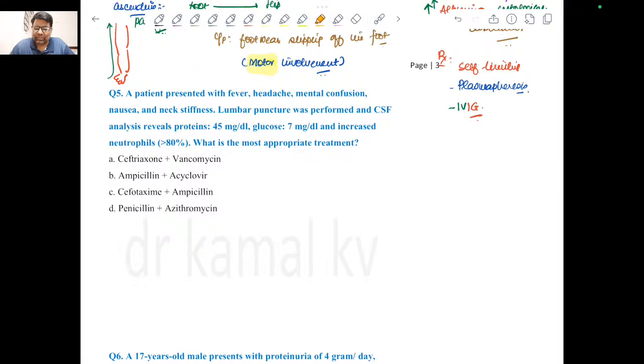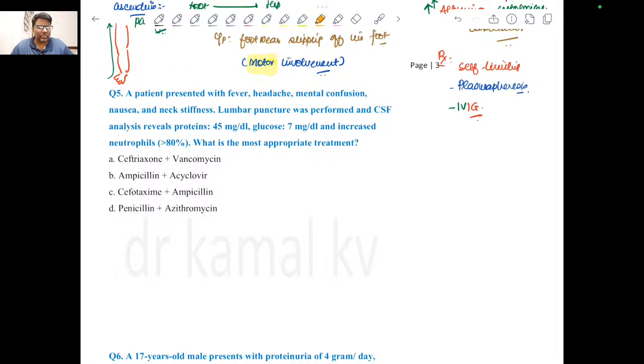A patient presented with fever, headache, mental confusion, nausea and neck stiffness. Lumbar puncture was performed and CSF analysis shows protein 45, glucose 7 and increased neutrophils. What is the most appropriate treatment?